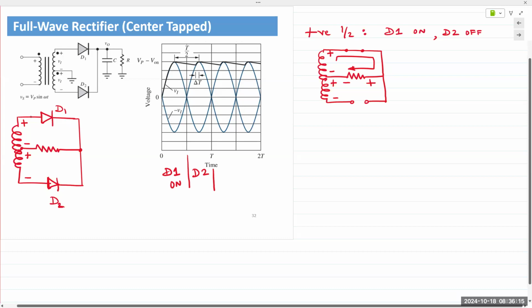And then in the negative half cycle, polarity reverses. And so we would obtain D1 off and D2 on. And it would look like this.